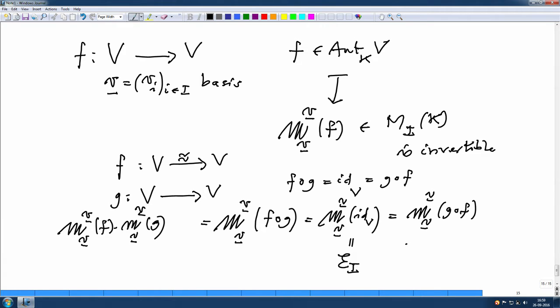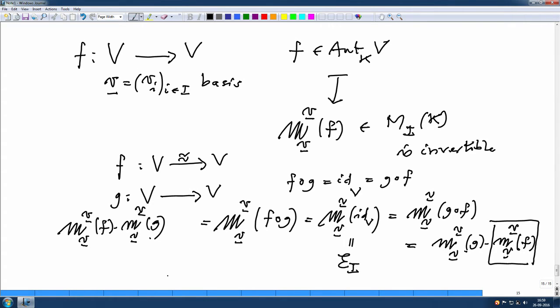On the other hand, it is also MVV G times MVV F. Therefore, this matrix is invertible, and this is the inverse of that.